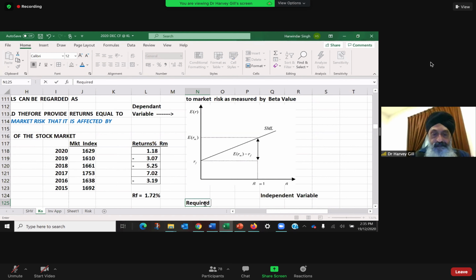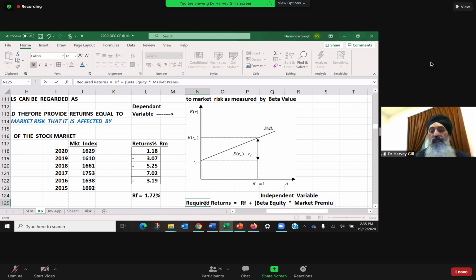This line would give me required returns by saying a plus bx, where a is RF because that's the constant, plus b, the slope of the line, which is determined by the relationship, that means by the beta value. So plus beta equity of whatever share you're talking about, multiplied by the market premium for risk.